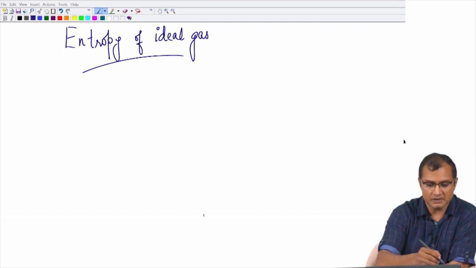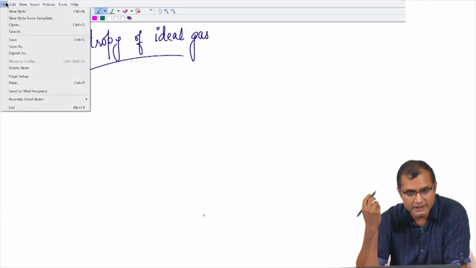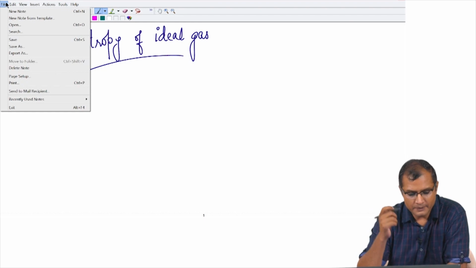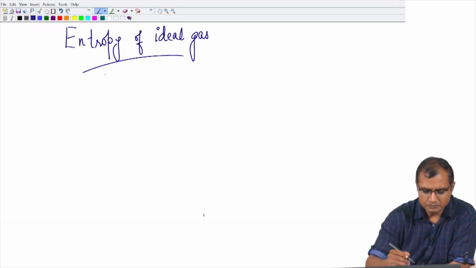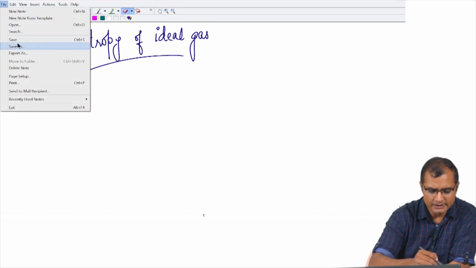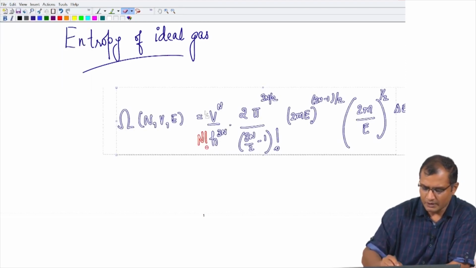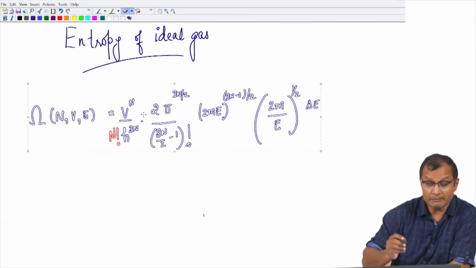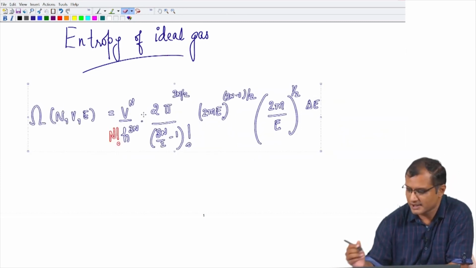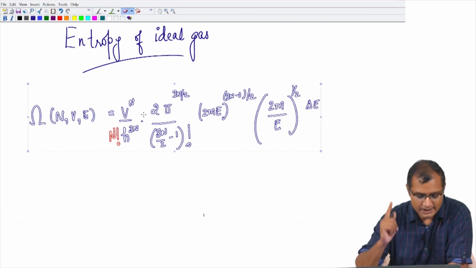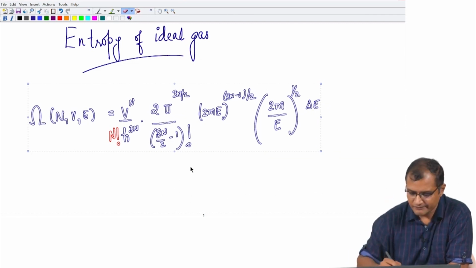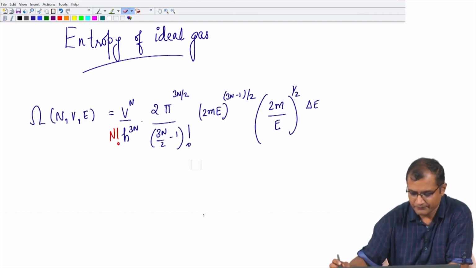Good afternoon students. So we will basically start off from where we left in the last class, where we showed that the entropy of an ideal gas can be written as... well, we derived an expression for the number of accessible microstates for an ideal gas at NVE conditions as this expression.